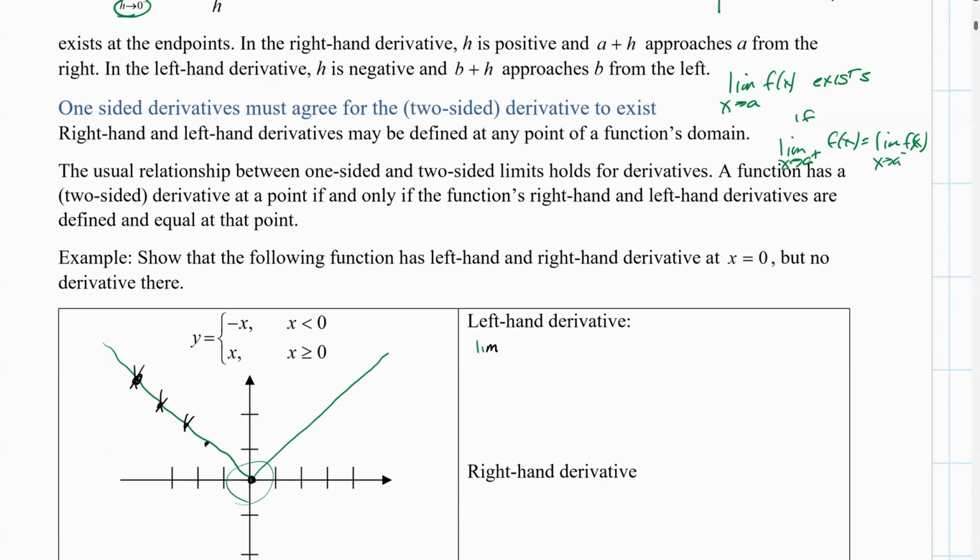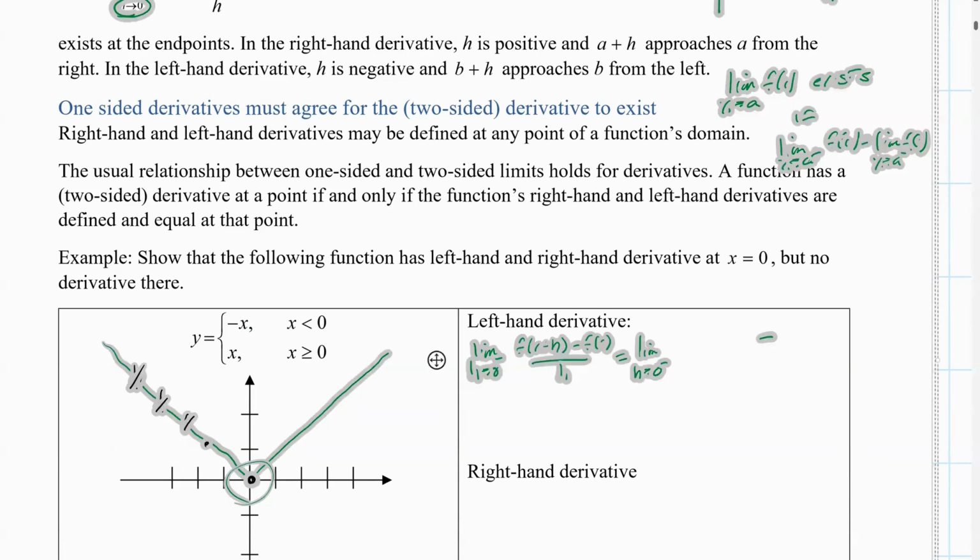Or I might say the limit as h approaches 0, but from the negative side, of f of x plus h minus f of x all over h. Or in this case, the limit as h approaches 0 from the negative side.